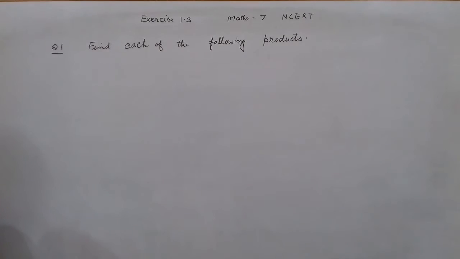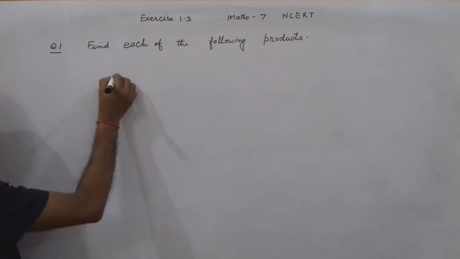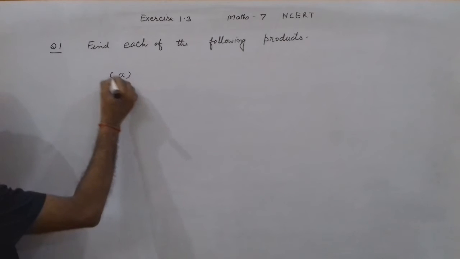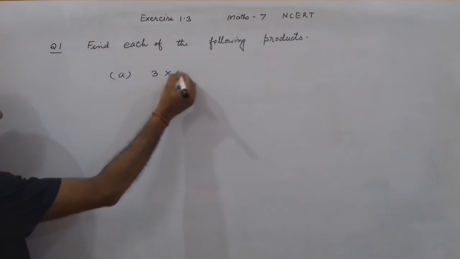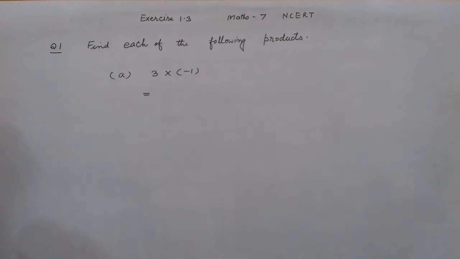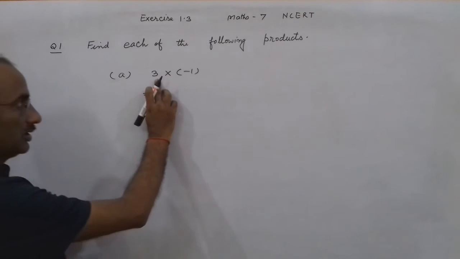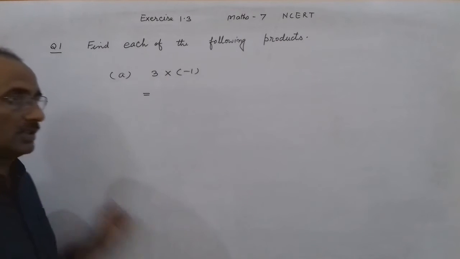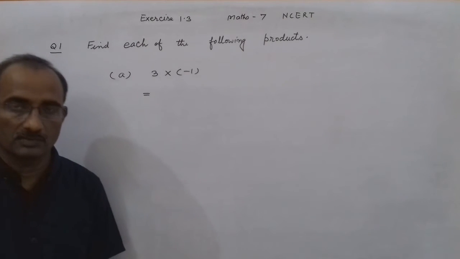The first question is 3 into minus 1. 3 is a positive integer and minus 1 is a negative integer.